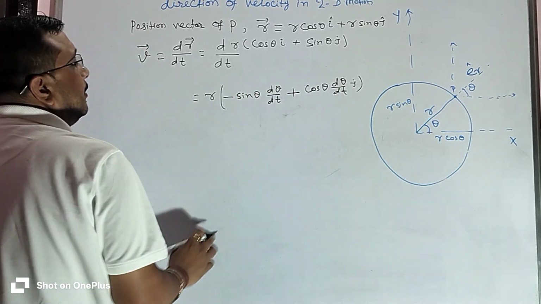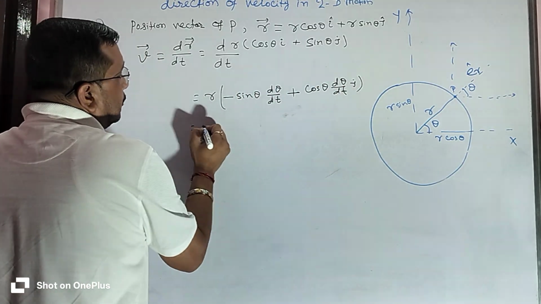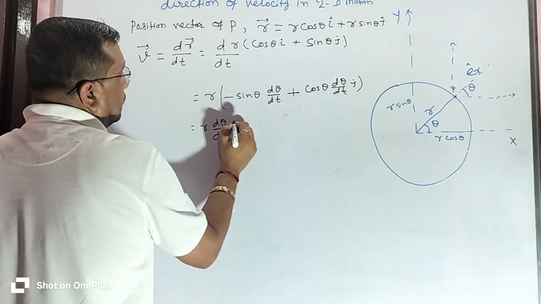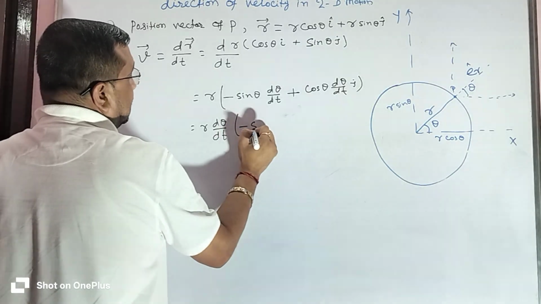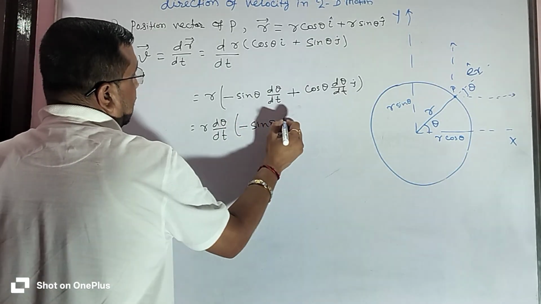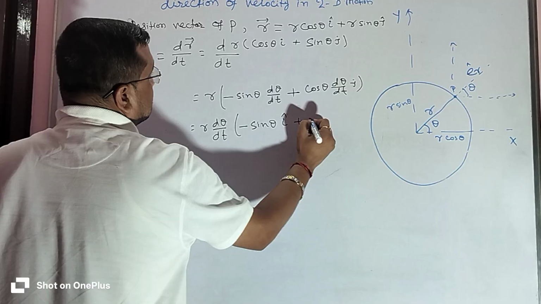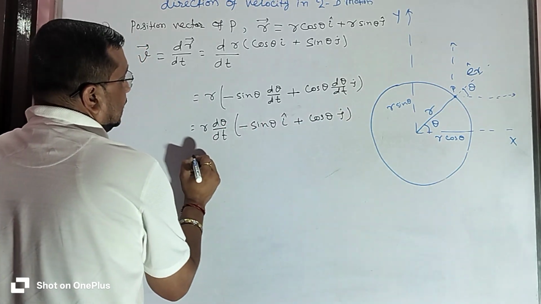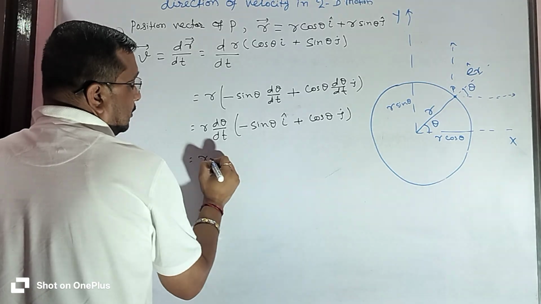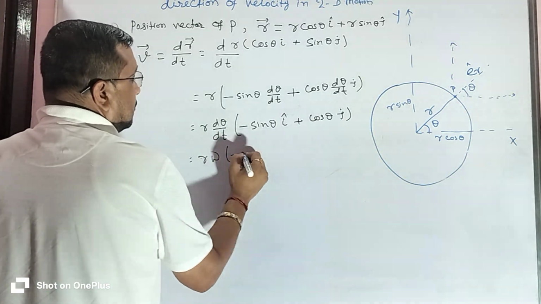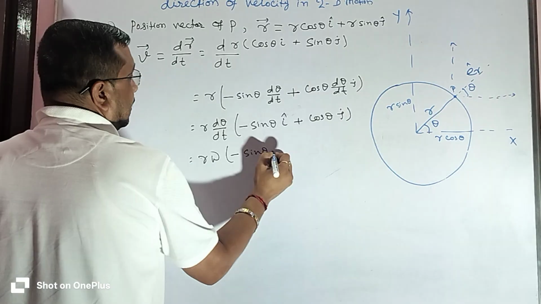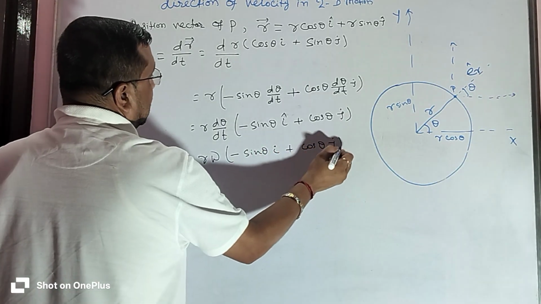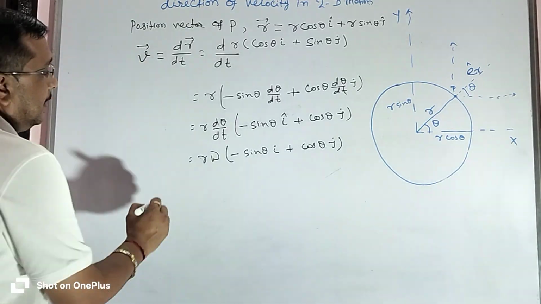So now d theta by dt is omega. So r d theta by dt will be out of this: minus sin theta i plus cos theta j. We can write r omega times minus sin theta i plus cos theta j. Now you can see that we have written what? V.